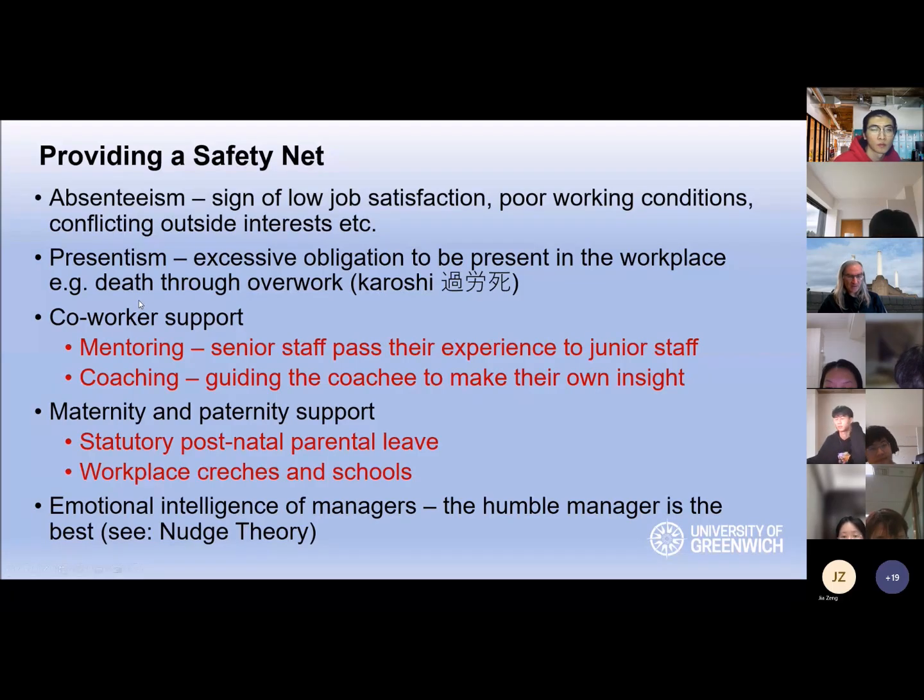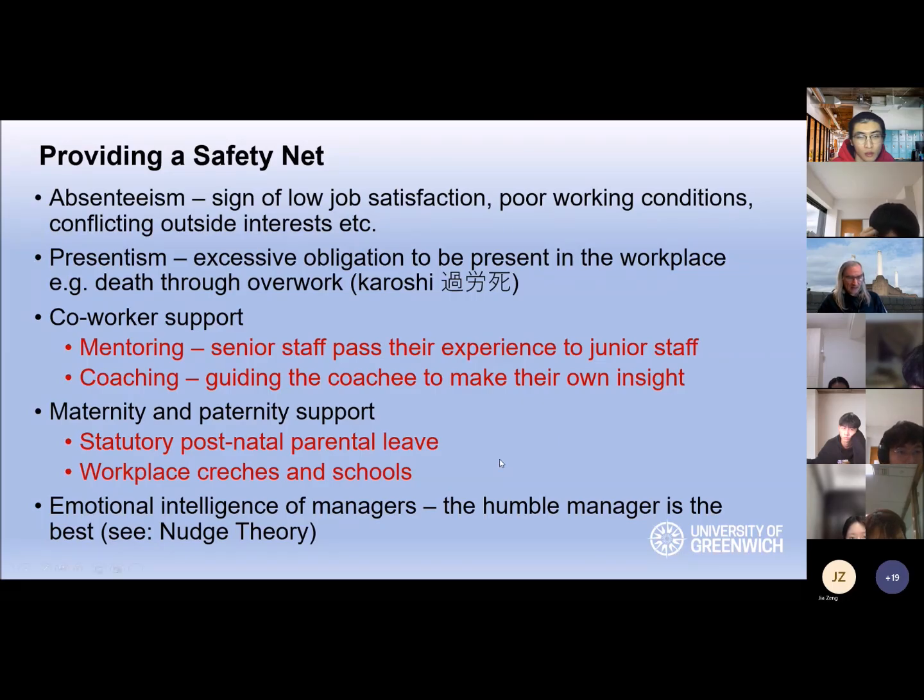Presenteeism is the opposite of this, where they're coming into work and they shouldn't be. It might be that they're ill. It might be they're working very long hours, and you've got this Japanese tradition of karoshi. Presumably, you can read those symbols reasonably well, although you'd say it differently. So, death through overwork. It's a problem in Japan that they need to deal with, and in America, people work very long hours.